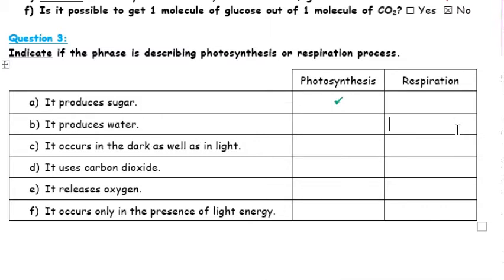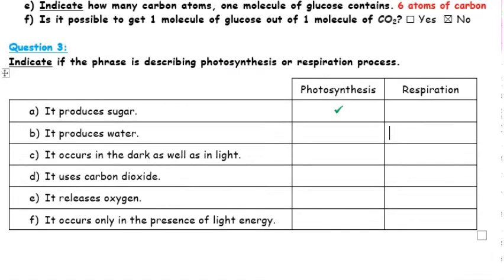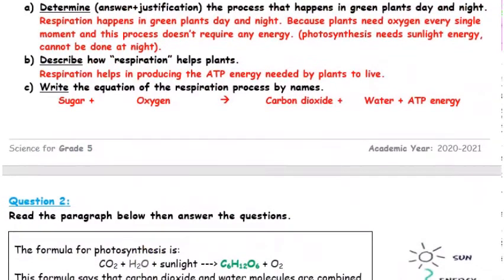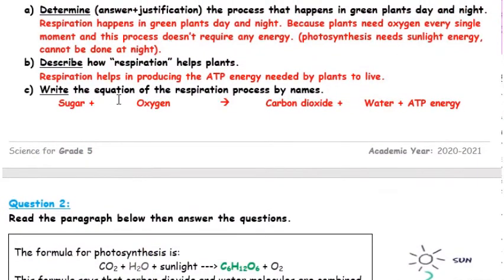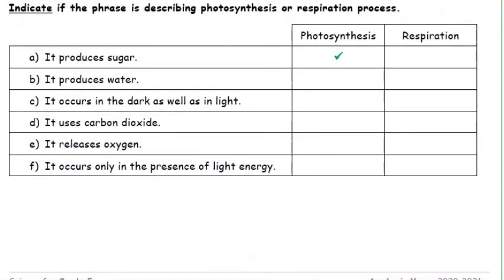During respiration, plants take sugar and oxygen and they produce carbon dioxide and water. Let's go to see the equation. During respiration, plants use sugar and oxygen and they produce water. Yes, they produce water. So water is produced during respiration.